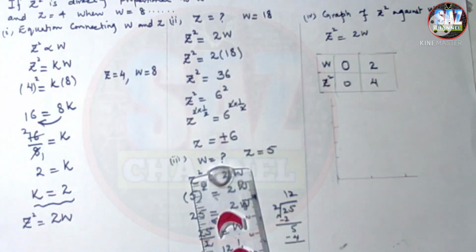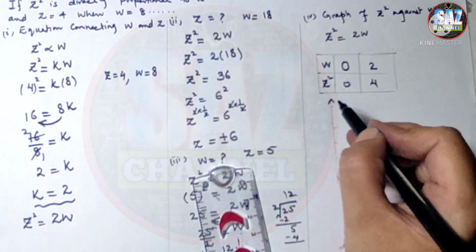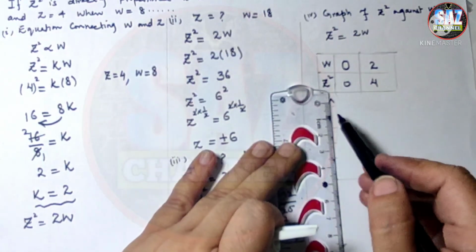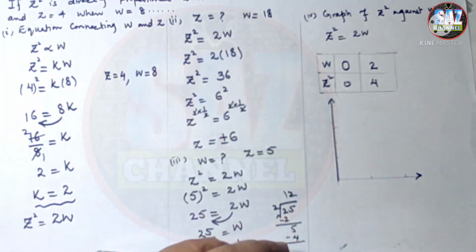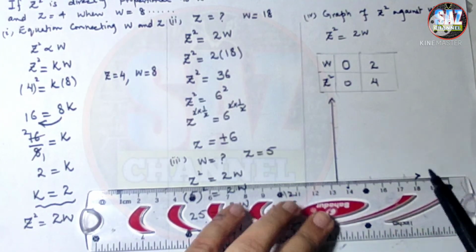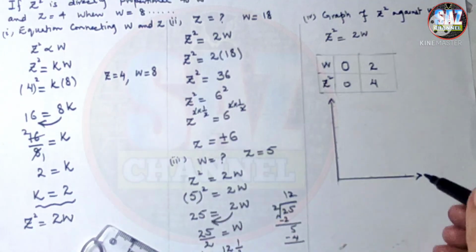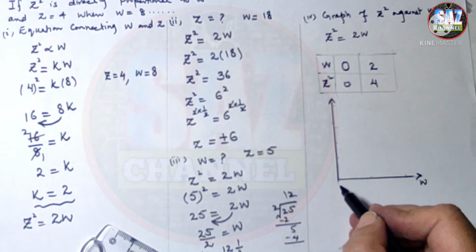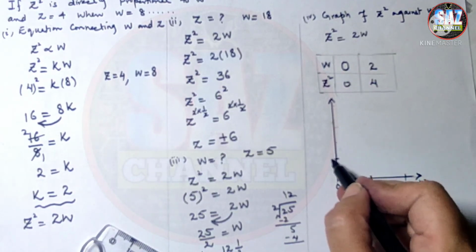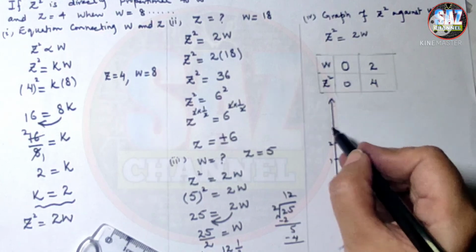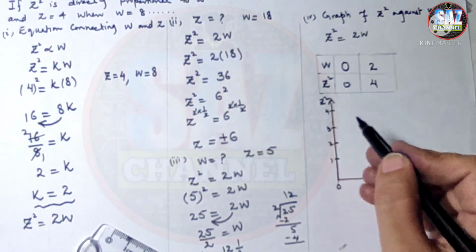Let me now draw the lines properly so that my students can see all this working carefully. One of the most important concepts of your O-level examination, and I'm going really slow in all these questions because these lessons are for the beginners. This is w 1 and 2, and this is 1, 2, 3 and 4, and this is z square.